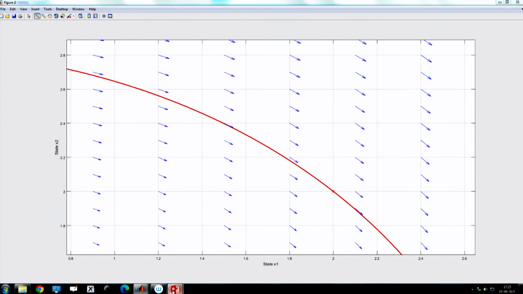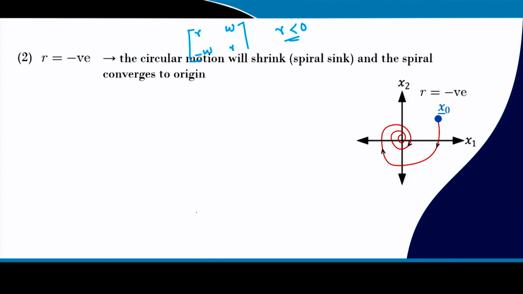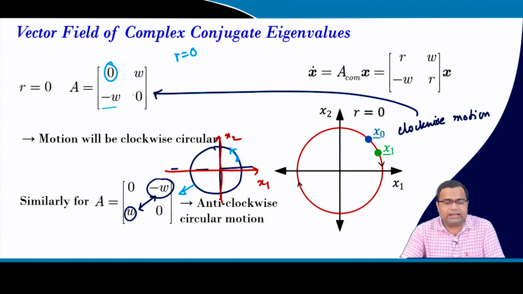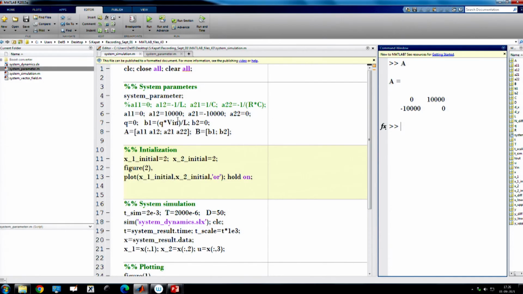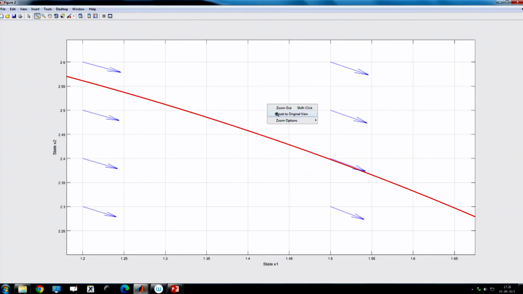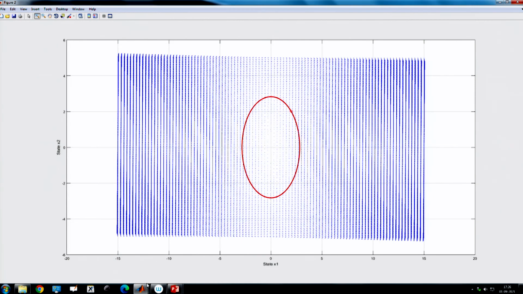That is consistent with our understanding: if this quantity is negative and this is positive, it is clockwise, and if this is positive and this is negative, it is anti-clockwise. In this case, this quantity is positive and this negative, so it is a clockwise motion. So this is a vector field.